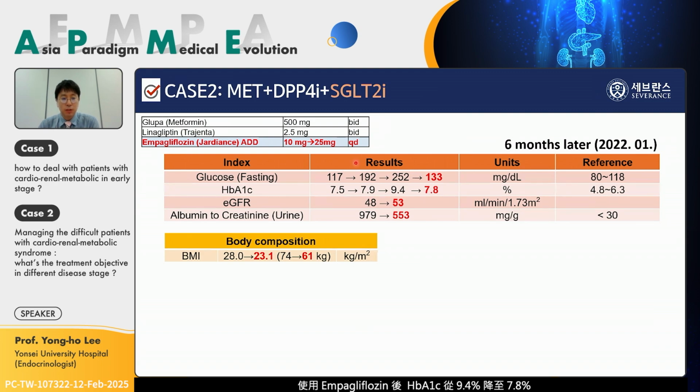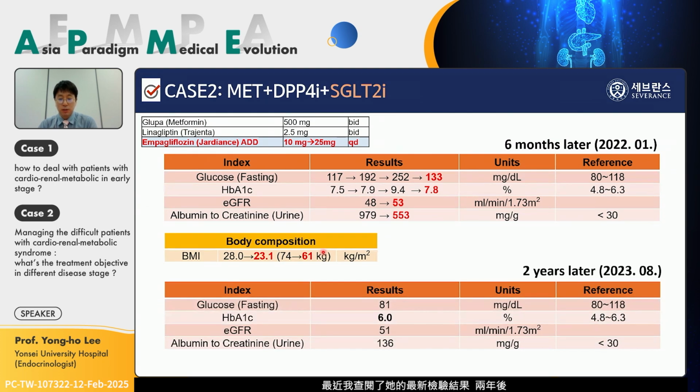After using empagliflozin, HbA1c went from 9.4 to 7.8, GFR improved from 48 to 53, and albuminuria also improved. The important point was that she lost a huge amount of weight after using empagliflozin along with her lifestyle changes. You can see from 74 kilograms to 61 in 6 months, which was a really huge improvement.